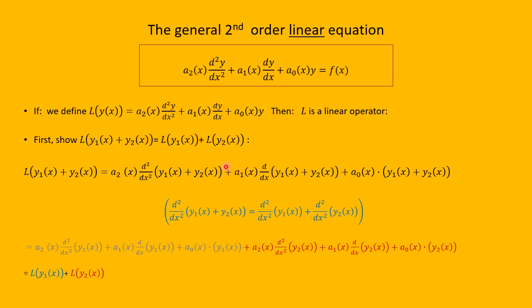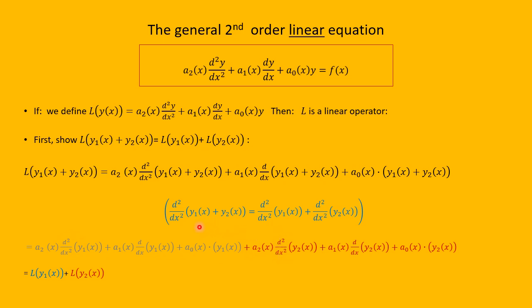Okay, so with that in mind, we look at this right-hand side, and this first term over here, a sub 2 times the second derivative of y1 plus y2, that's equal to a sub 2 of x times the second derivative of y1 plus a sub 2 of x, second derivative of y sub 2 of x. So this second derivative is here plus here.